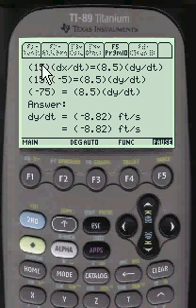Of course, they gave you dx/dt, which is really -5, that the man is walking. And we're finding dy/dt, which is how the y is changing over time. And it's feet per second, -8.82 feet per second.